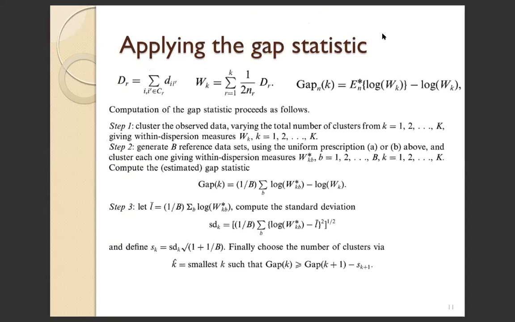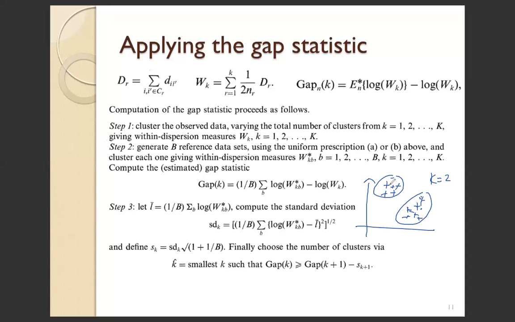So basically, let's say you have your data like this. Of course this is unlabeled. If you start with K equals 2, let's say you have one cluster here, one cluster here.